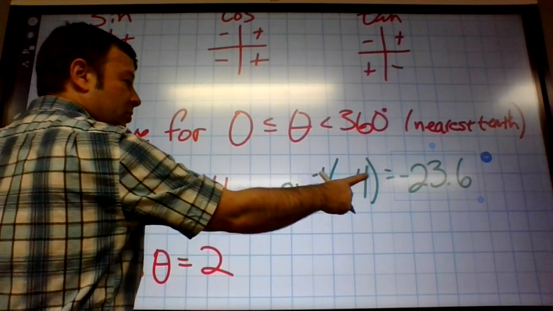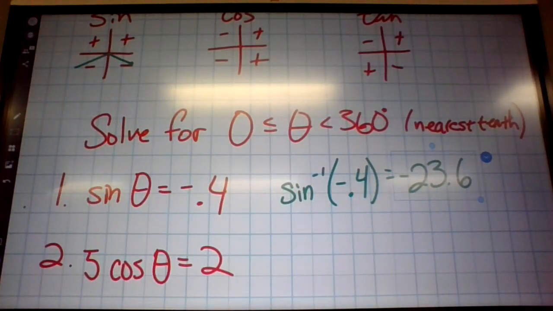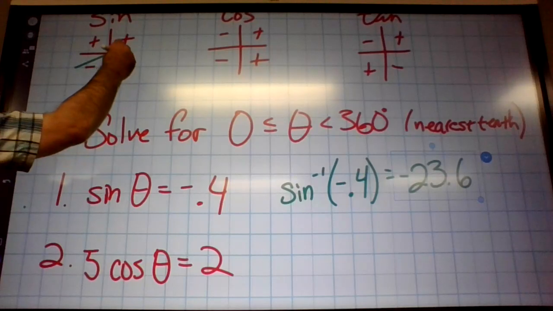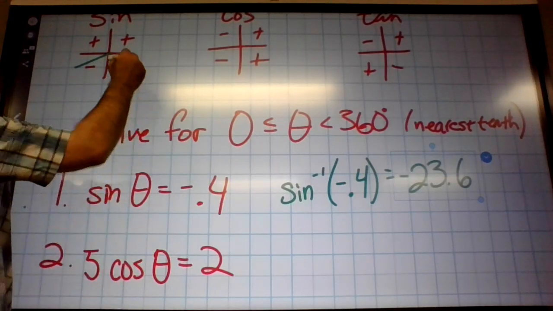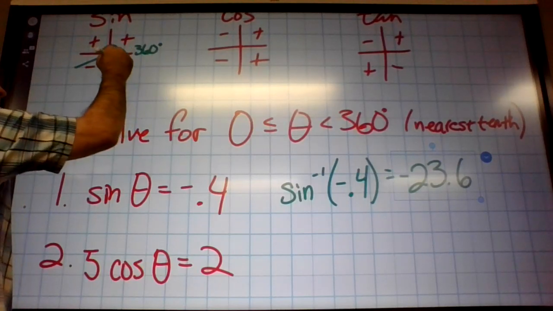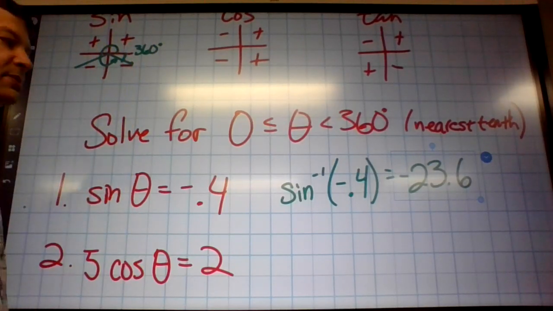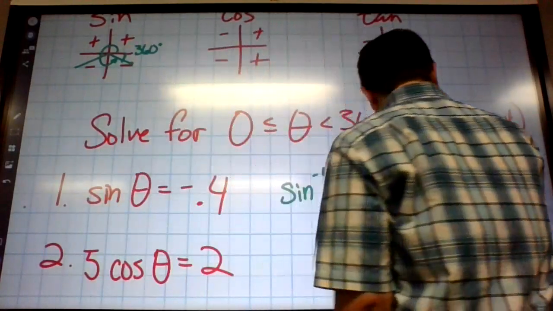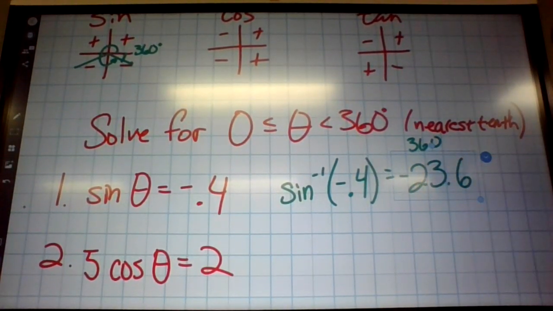How does this help us find our answer? 23.6 will be our reference angle because that tells us how far we are from the x-axis. So the positive version would be 360 minus 23.6, which is 336.4.